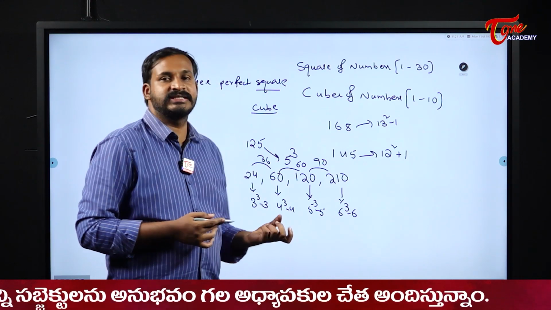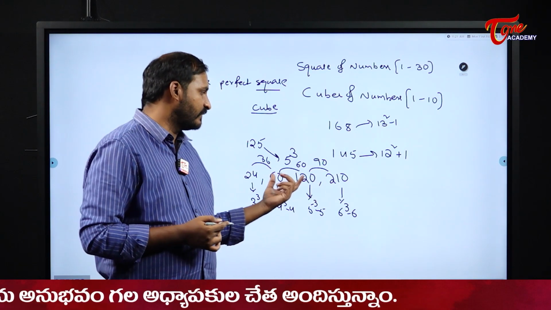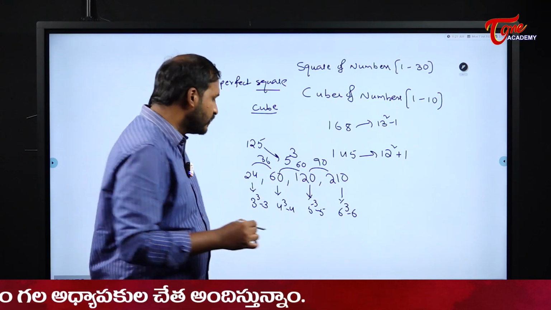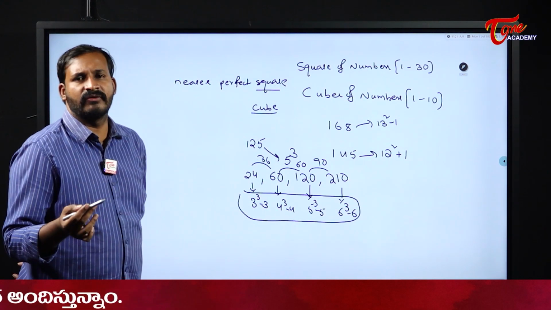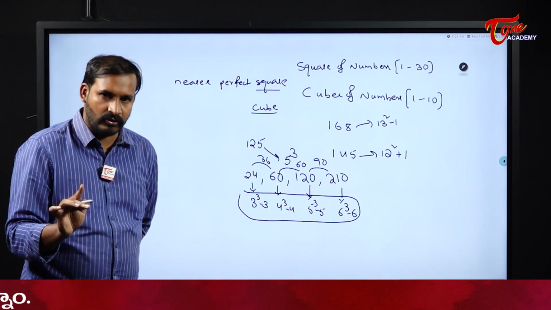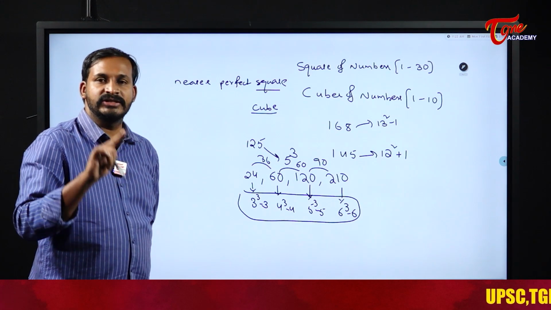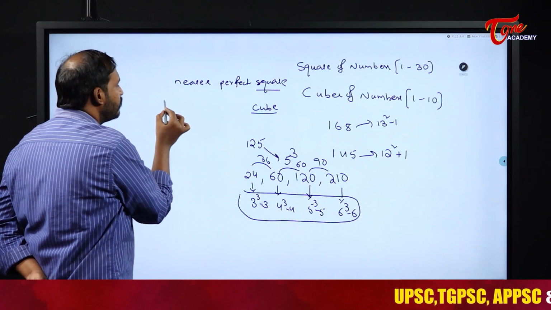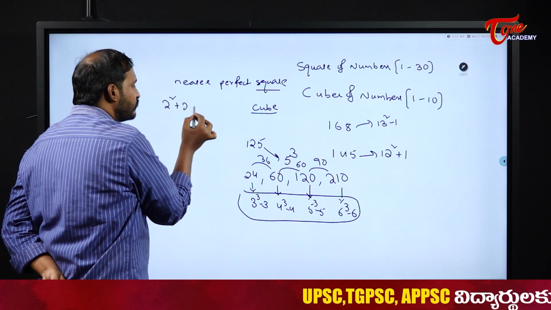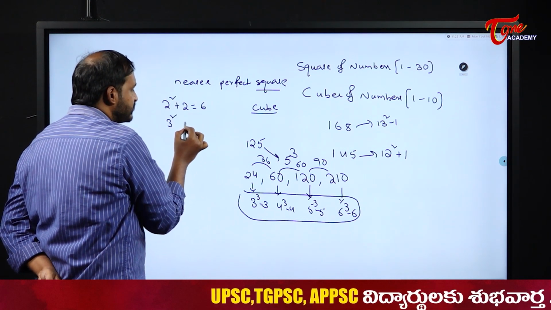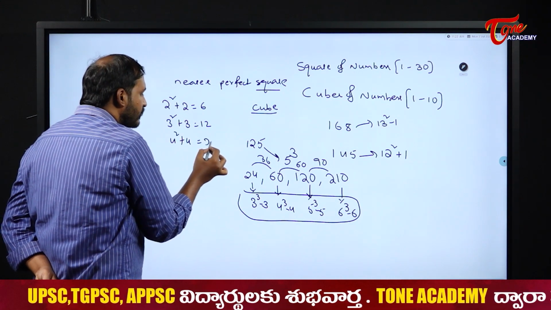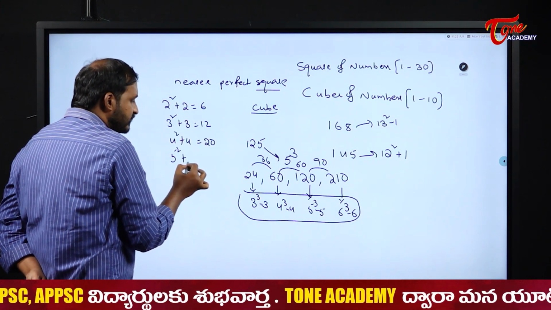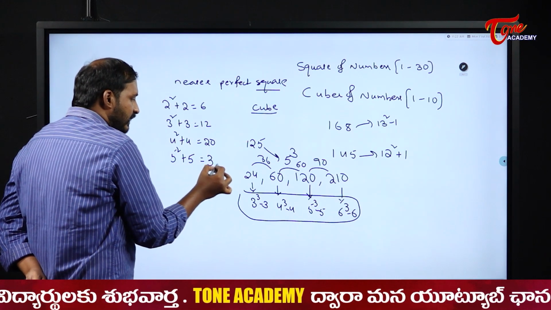So, to avoid these types of confusions, my suggestion is that you should be able to identify these things. All the squares and cubes of numbers you should know, first point. Next, you should also be able to identify 2 square plus 2 as 6, 3 square plus 3 as 12, 4 square plus 4 as 20, 5 square plus 5 as 30, and so on.